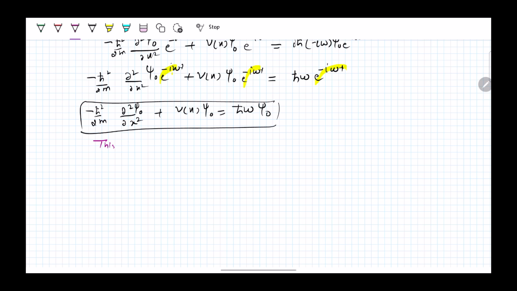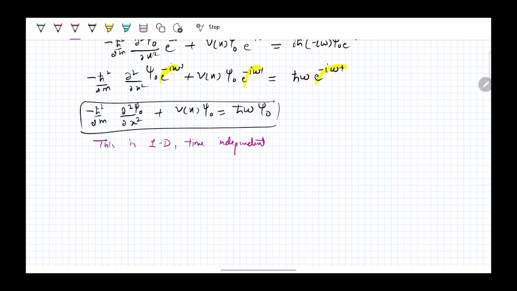So this is one dimensional time independent. And how is this time independent? In this case the potential energy term is not depending upon time as we are taking this psi naught.